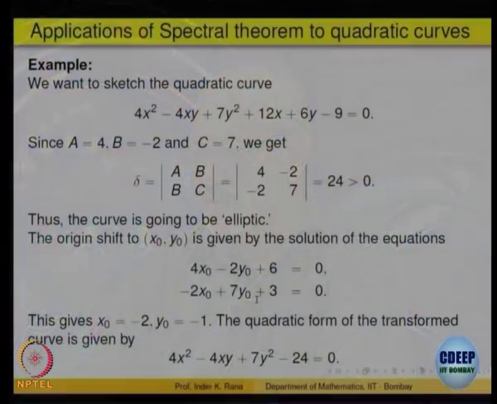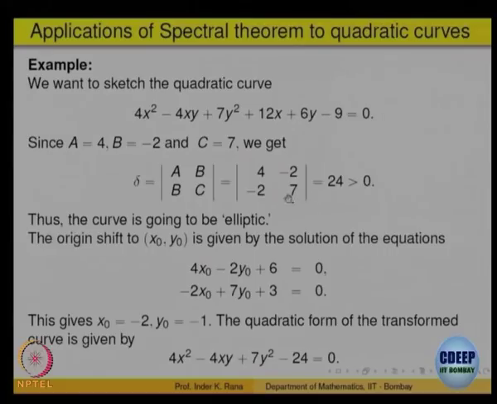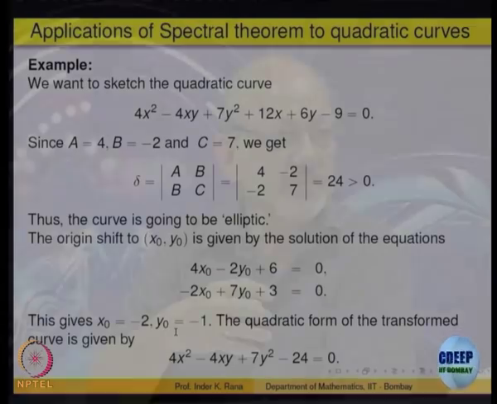Once you solve these two equations, because we already assumed that the determinant is not equal to 0, a unique solution exists, and it is given by x0 equal to minus 2 and y0 equal to minus 1. So, that is where the origin should be shifted to, and that is what we call the center of the curve. The origin (0, 0) should come to (minus 2, minus 1), and then I should rotate it from there.